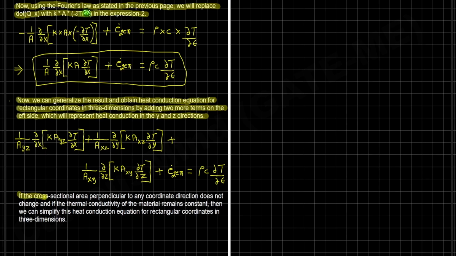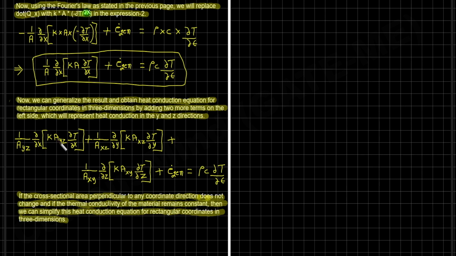If the cross-sectional area perpendicular to any coordinate direction does not change, and if the thermal conductivity of the material remains constant, then we can simplify this heat conduction equation for rectangular coordinates in 3 dimensions.